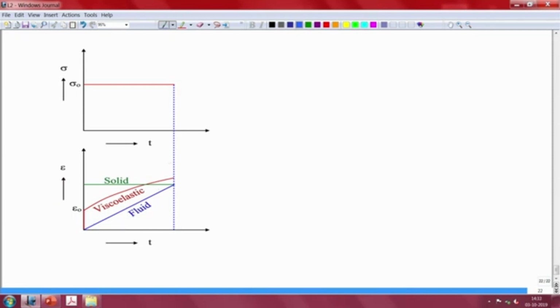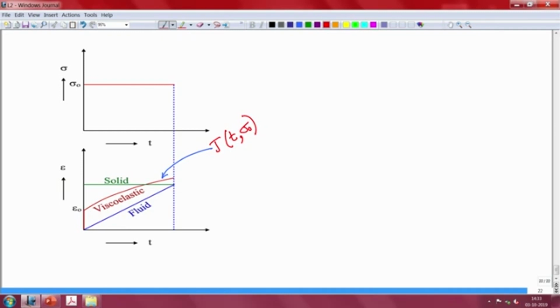And we had said that this particular curve, we are going to denote as J(t, sigma). So, the creep function is a function of two important variables, time and the stress applied. In here you can even write it as sigma naught, and in general terms you can write it sigma.